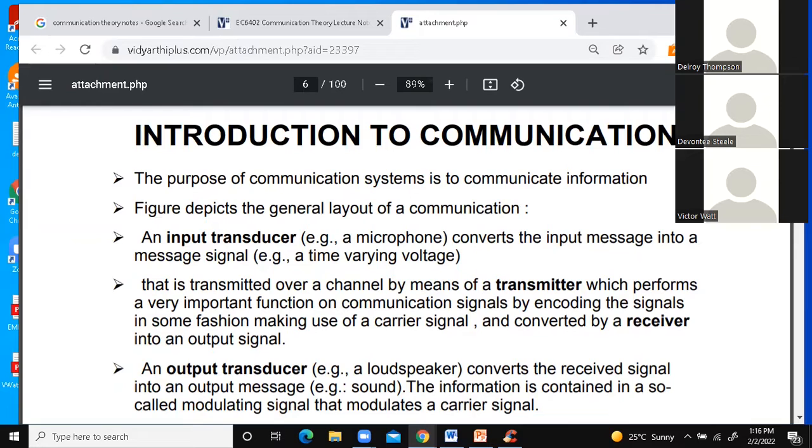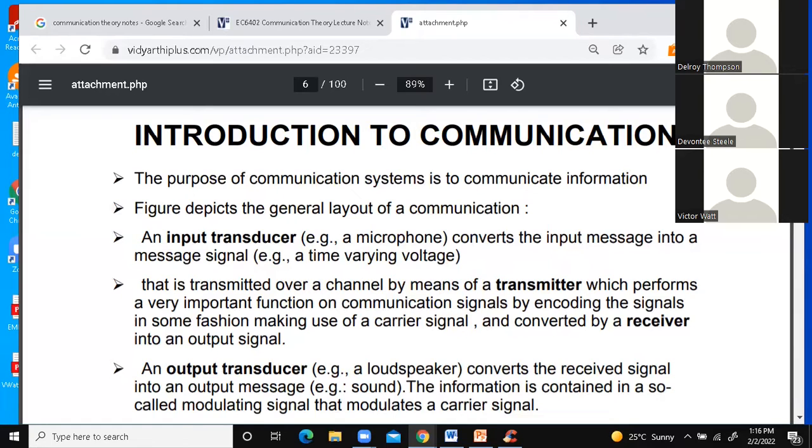The good thing about what has been done is that we don't have to have a separate speaker for the input transducer and the output transducer. That is what we call multiplex.